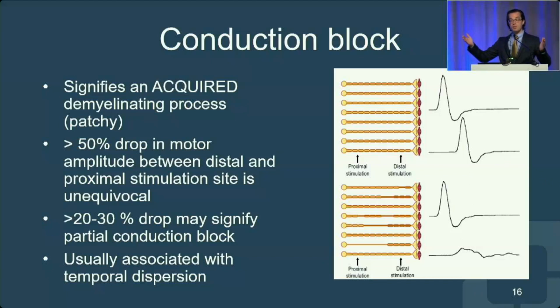So the response is going to be much more spread out, and you'll see the amplitude drop. Maybe if you have a nerve that's very demyelinated, it's not actually even going to be able to carry the action potential distally. And so you'll see a drop in that proximal amplitude. Any drop of 50% or more is considered unequivocal conduction block. Drops of 20%, 30%, 40% we might consider partial conduction block.